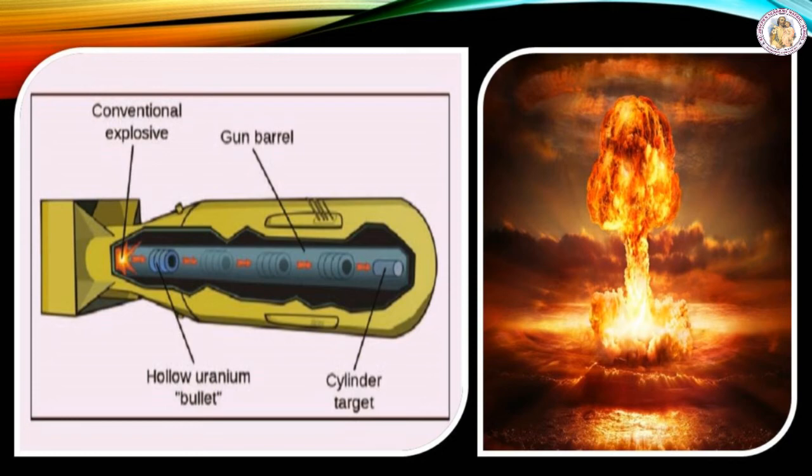During this explosion, a tremendous amount of energy in the form of heat, light and radiation is released. A region of very high temperature and pressure is formed in a fraction of a second along with the emission of hazardous radiation like gamma rays, which affect living creatures.